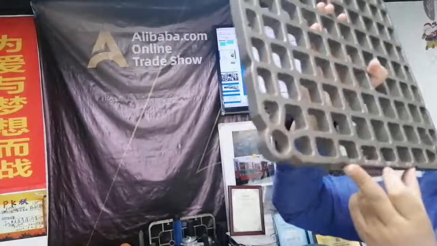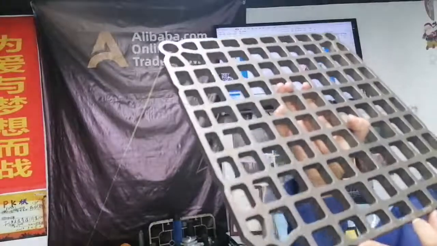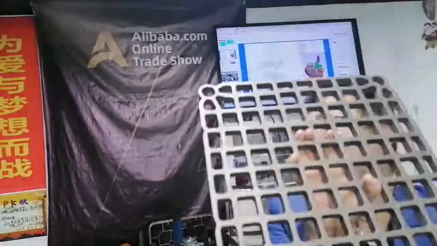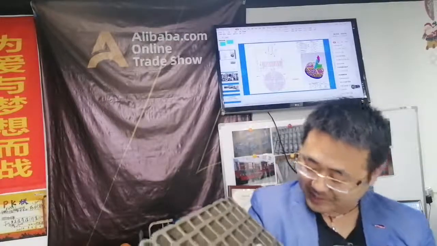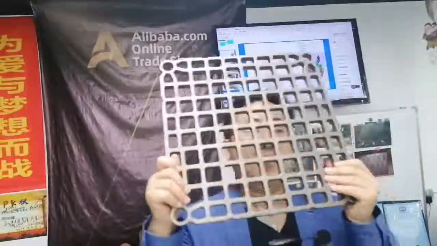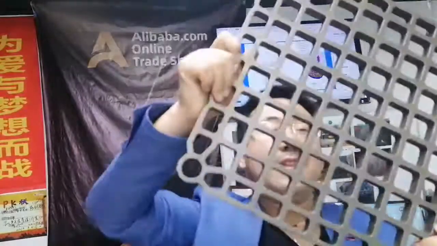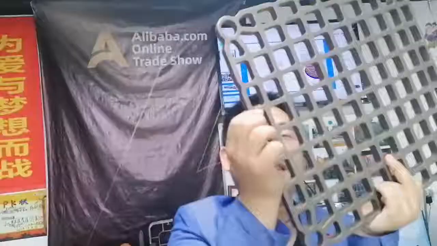And this is 1.4865, and that means this basket tray, the material is 1.4865, and we also do some heat treatment heat number and some other marks in this way.